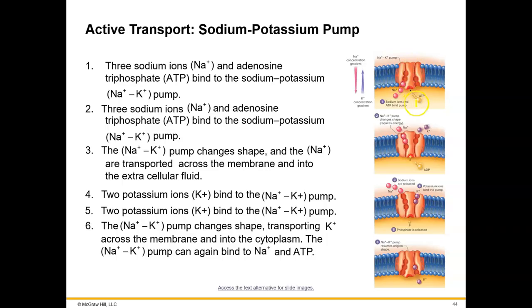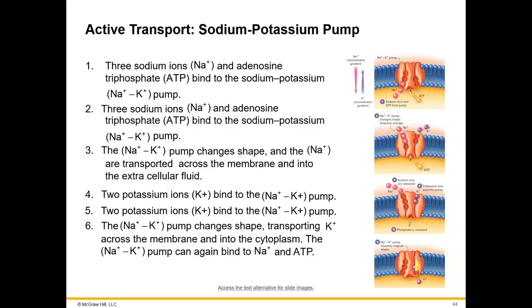And then ATP is going to bind to this pump and be broken down to generate the energy required to pump potassium. So 3 sodium ions are moved out of the cell and 2 potassium ions are moved into the cell.